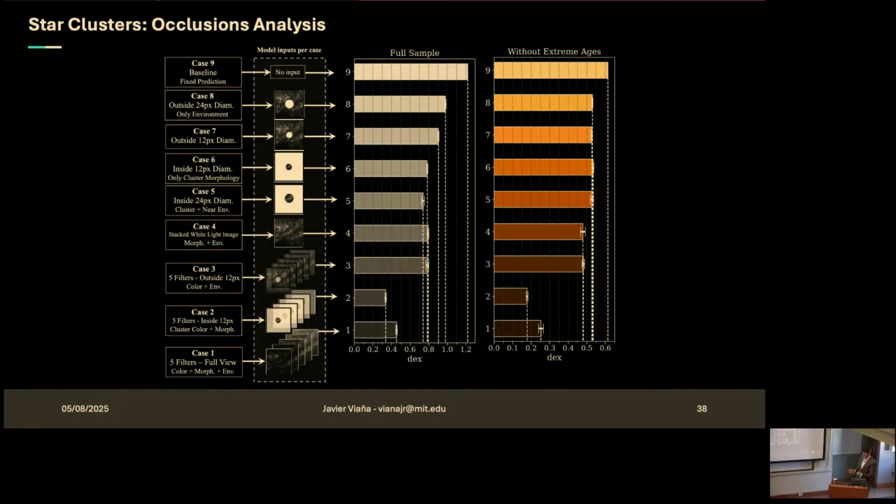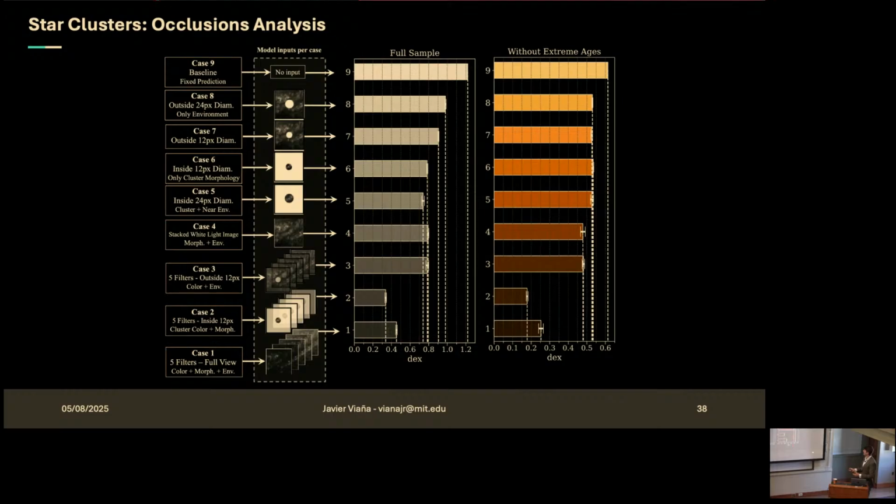It's funny that when we have only the environment, the case 8, 24 pixels diameter, outside of that there's really no star cluster that could possibly leak in. And in this case, it's only the cluster morphology. So these 2, case 8 and case 6, have similar performance when we are removing the extreme ages. So they sort of contribute around the same.